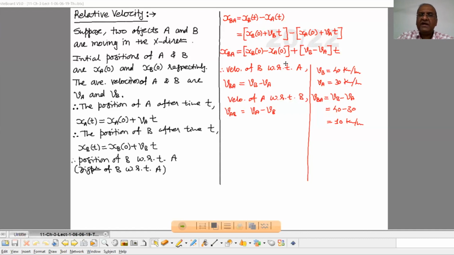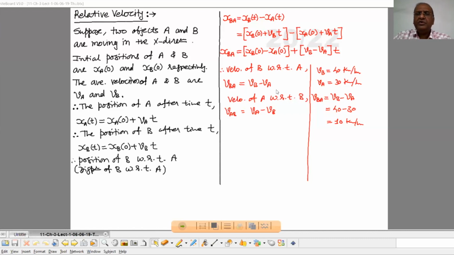This first bracket gives the position of B with respect to A at time t equal to 0, that is, the initial relative position. Then this Vb minus Va gives the relative velocity. So we can say the velocity of B with respect to A, VBA, is Vb minus Va.